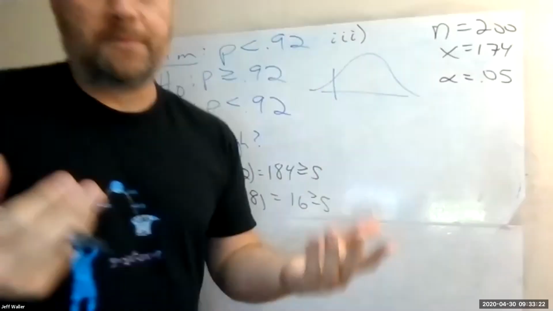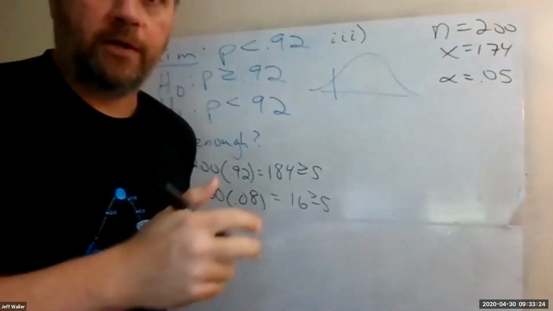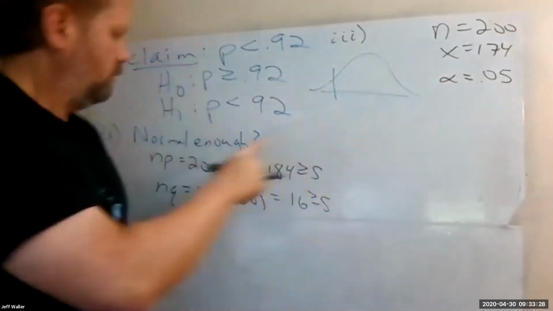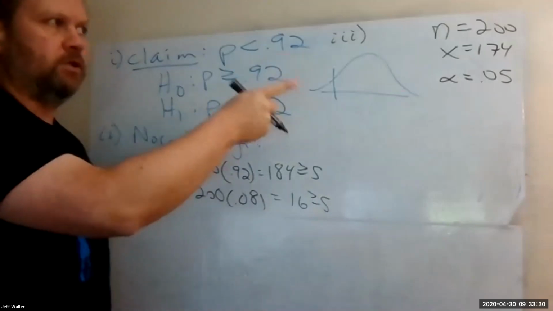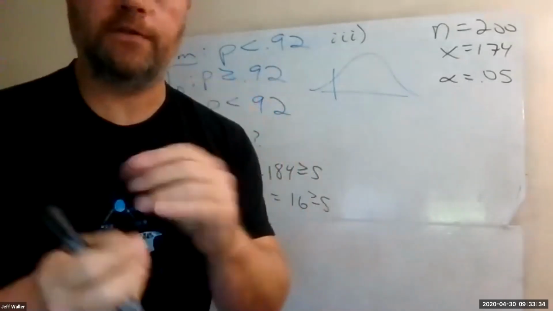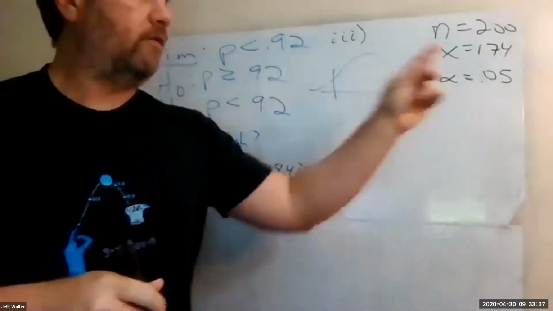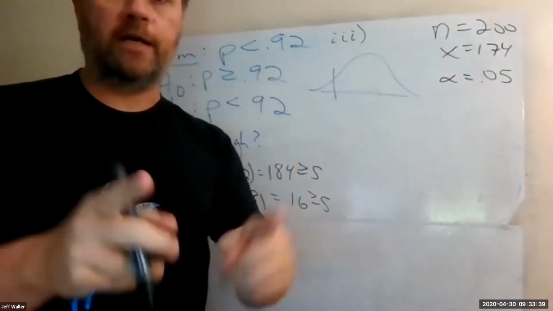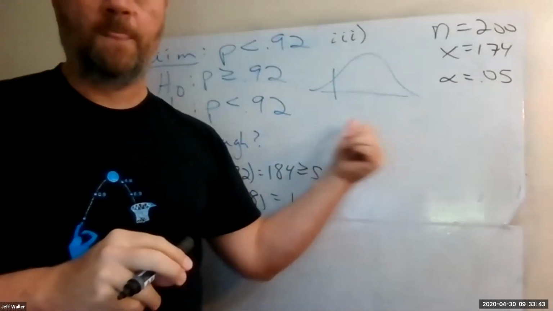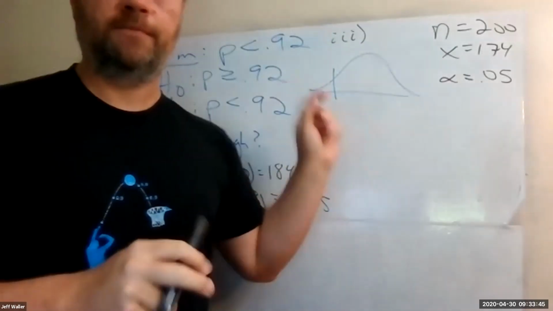So alpha's 0.05. It's normal enough, so we can do it. It's a percentage problem, so as long as it's normal enough, I use z-scores. Alpha 0.05, one tail test. Can you guys look up what the z-score is for that situation? 0.05, one tail.